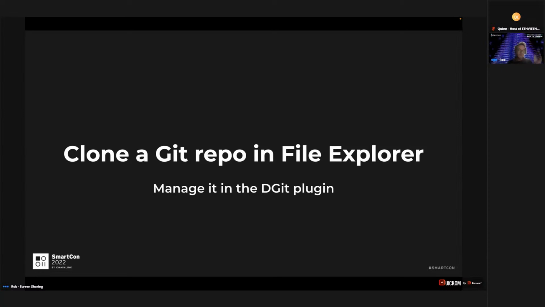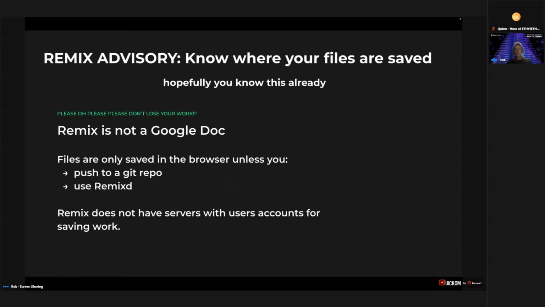But I think this is an important part before we start: with Remix, you have to know where your files are saved, because it's not a Google Doc. So there's no Remix server that's saving your work. Everything that's getting saved is happening in the browser, in browser storage. So if you get a bad crash on the browser, you can lose your work.